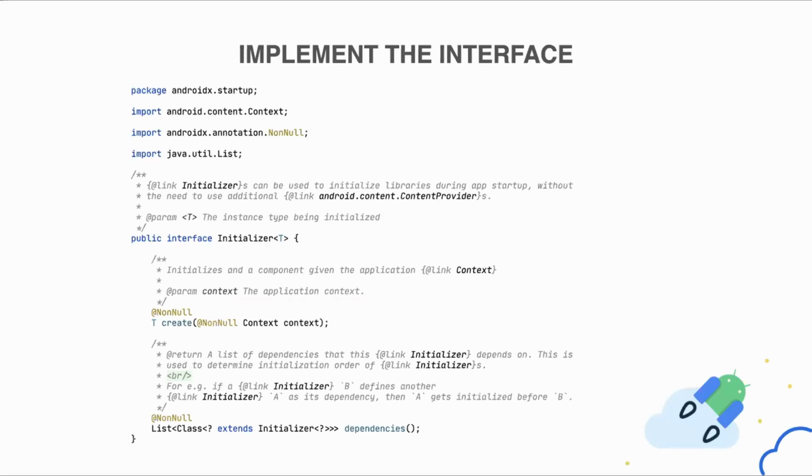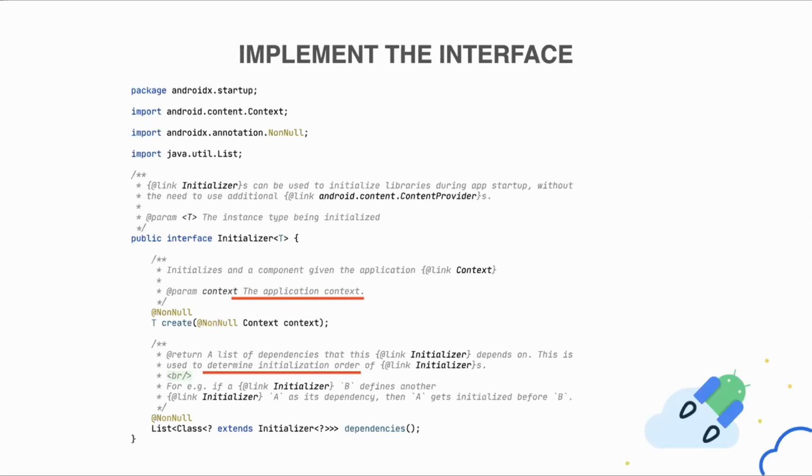The second one is basically the dependencies method. And this method is important because you can add other dependencies, which we're going to show in the examples, and other initializers that are going to run. And the order here is preserved.